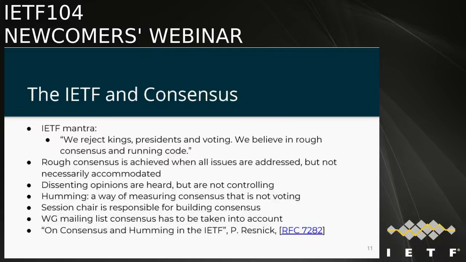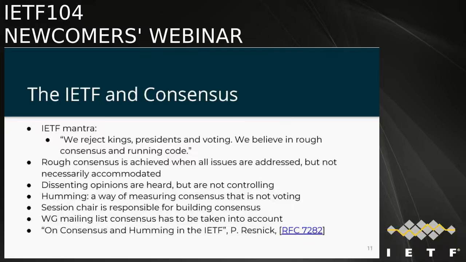So I was saying, sorry for the interruption. The session chair at the working group is responsible to lead the discussion on a particular topic and make sure that all the dissenting opinions are heard. But these opinions should not be the controlling voice. So what we do is we measure consensus by humming. Humming is just a hum, like hmm.